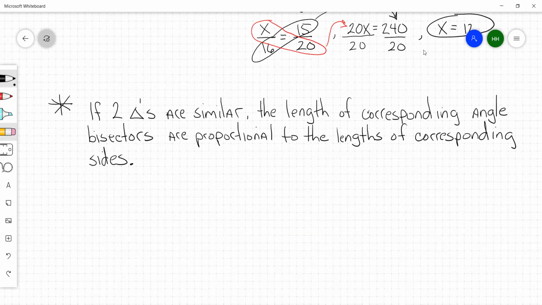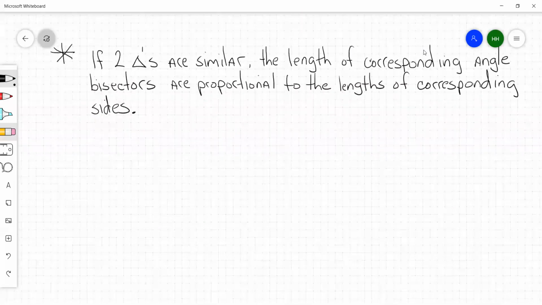So now this is the same rule that we just discussed, but instead of altitudes, it's related to angle bisectors.